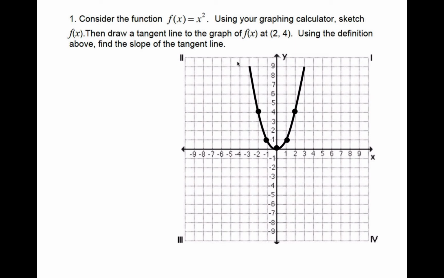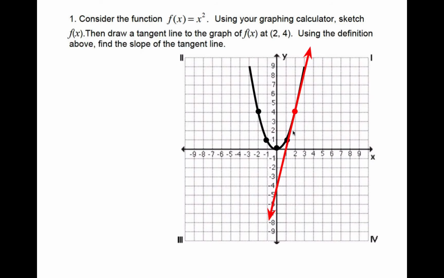Then it says to focus on the point 2 comma 4. So right 2 up 4, that's my point of interest. I'm going to find the slope that goes through that point. So that means you have to draw a tangent line, a line that's not going to touch that graph except for at 2, 4. So I'm going to do kind of a sketch here.